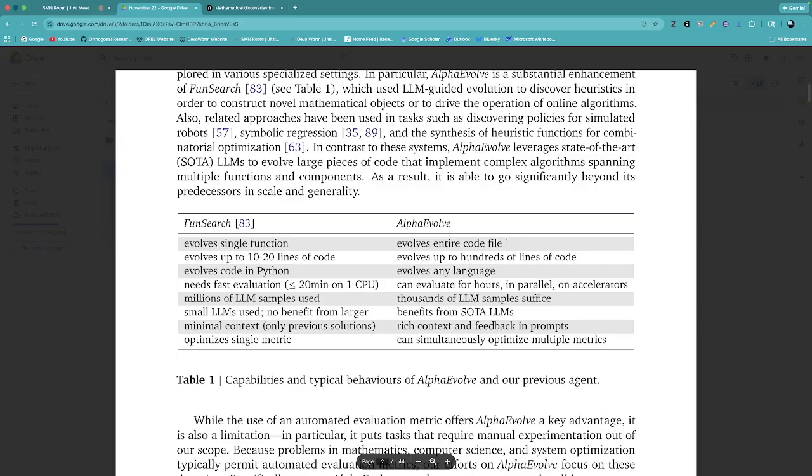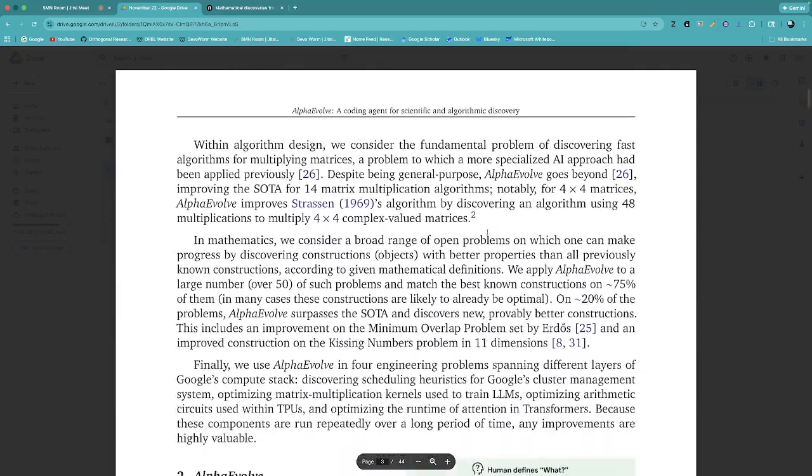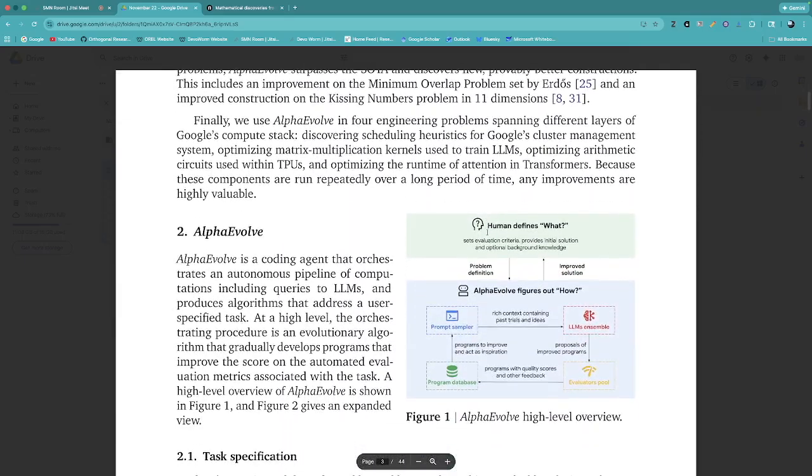And then finally, FunSearch optimizes single metrics, whereas AlphaEvolve can simultaneously optimize multiple metrics. Okay, and then this is the high-level overview of AlphaEvolve. So remember, AlphaEvolve is an improvement upon their previous attempt at this.